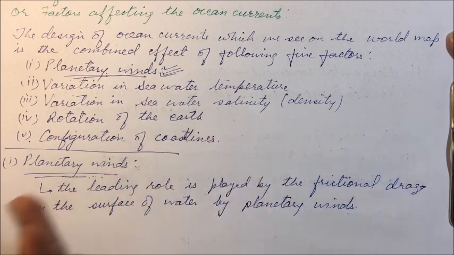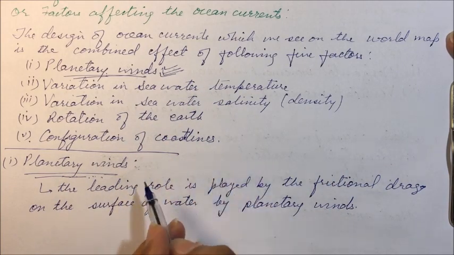As the planetary winds move, due to friction, water on the surface as well moves, and it gets deflected towards the right of the direction of the wind.